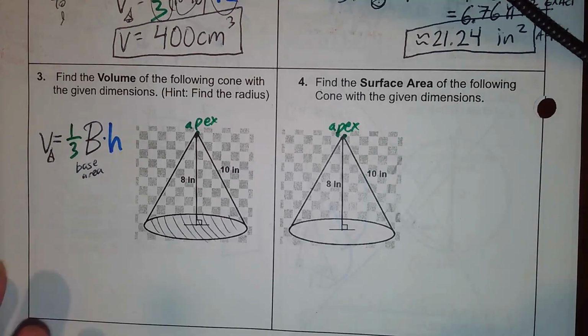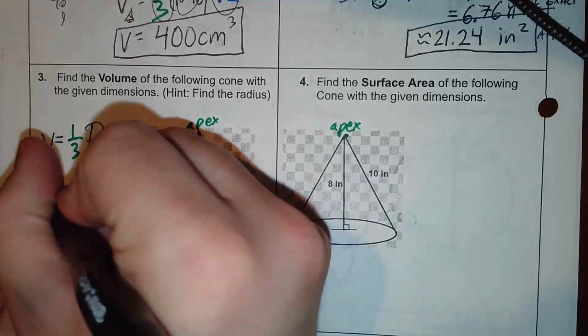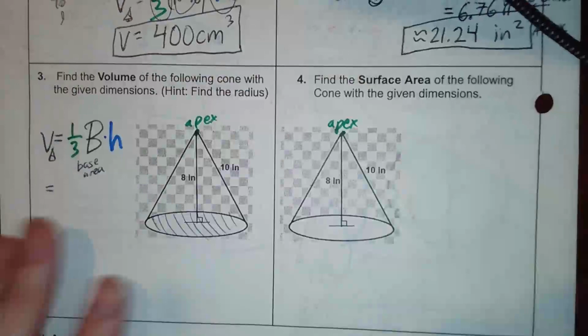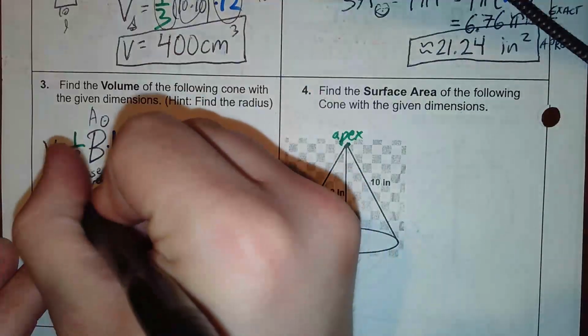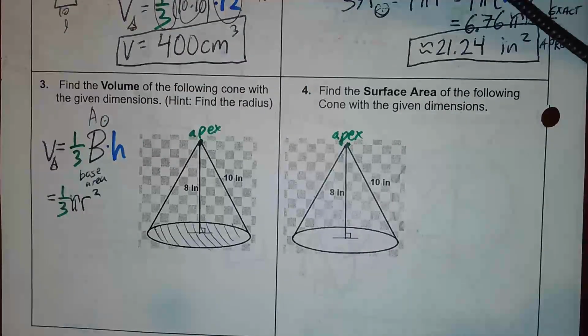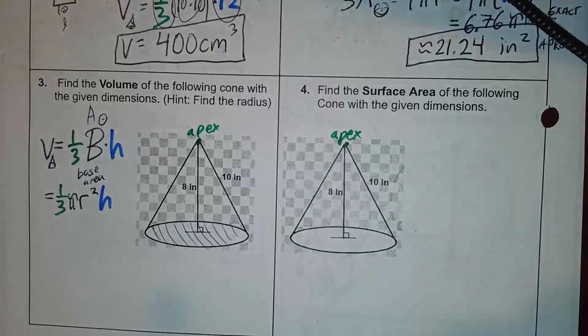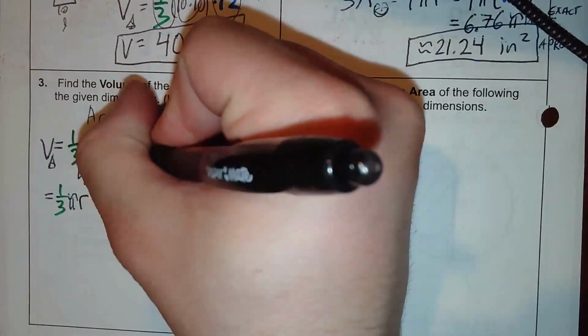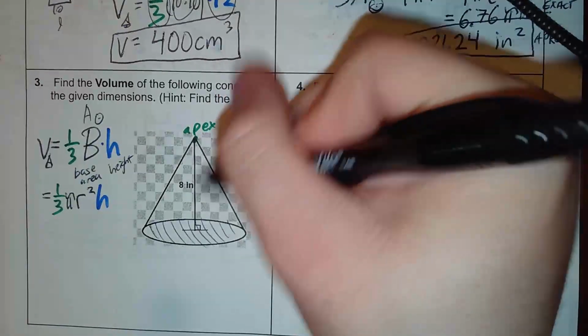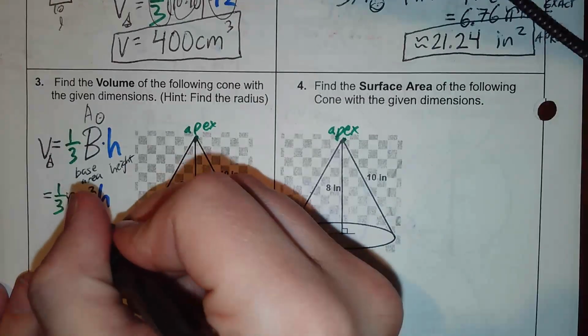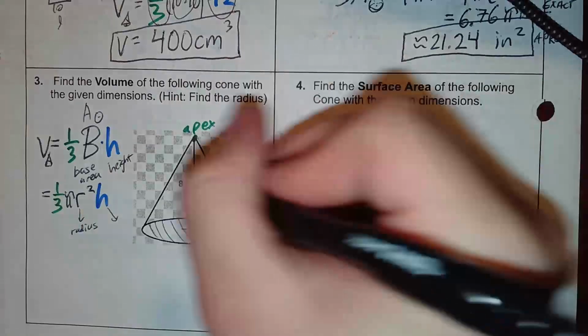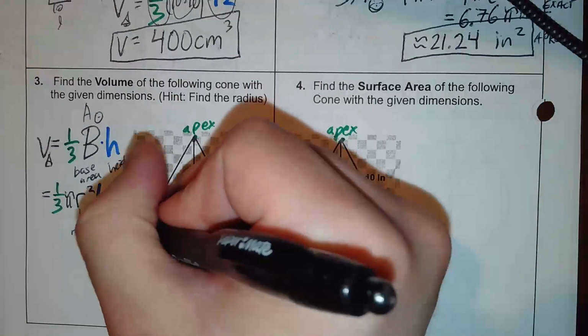So what's the area of a circle? We need the base area, so we're going to get a bigger formula of 1/3 times the area of a circle, pi r squared, and we know h is just the height. Great news, the height is given to us. It's 8. The only thing that's not given to us is the radius. So we need the radius, and we know the height actually appears to be 8 inches.